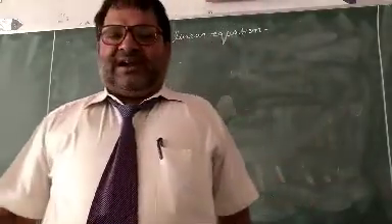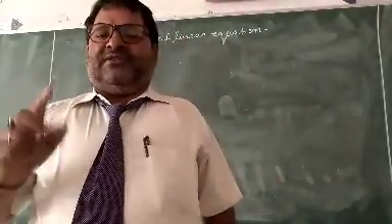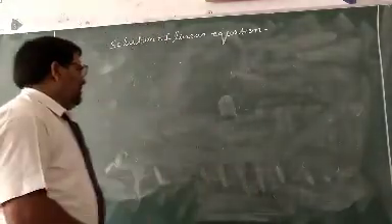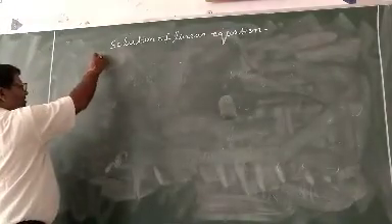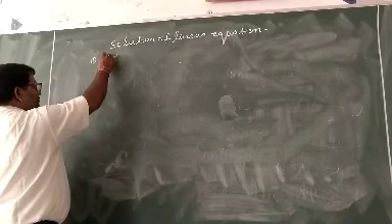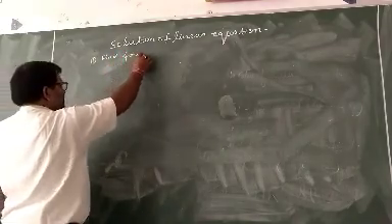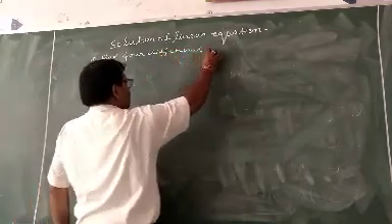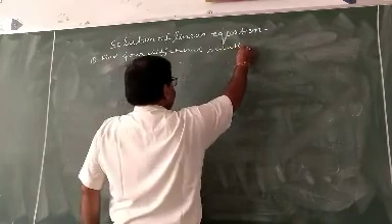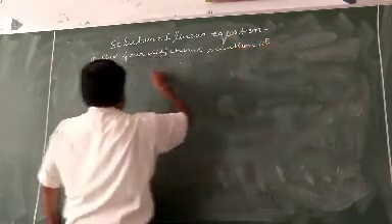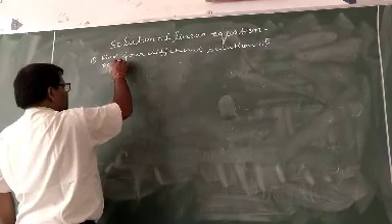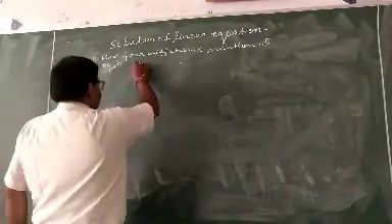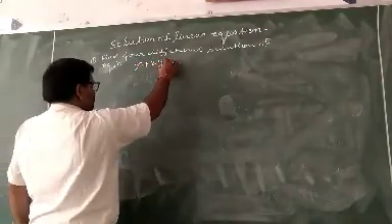Now find four different solutions of the given equation x plus 2y equal to 6.